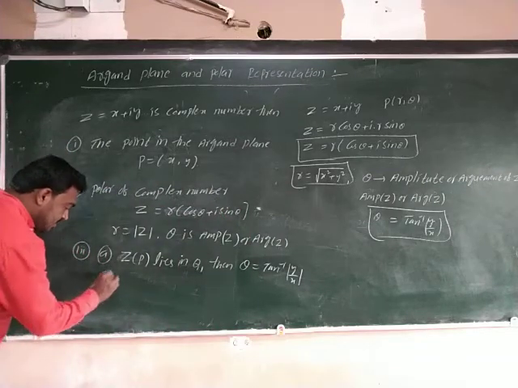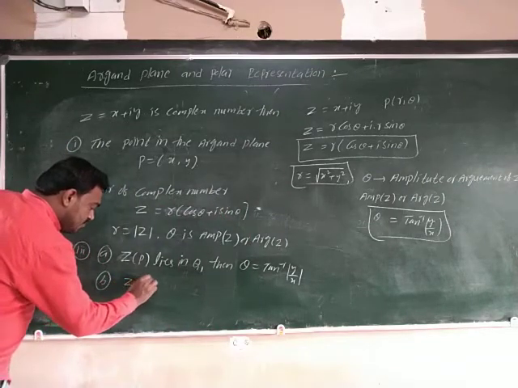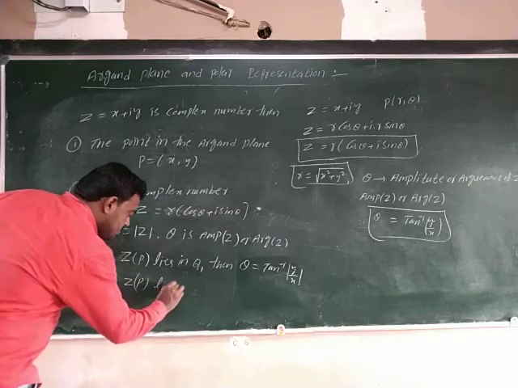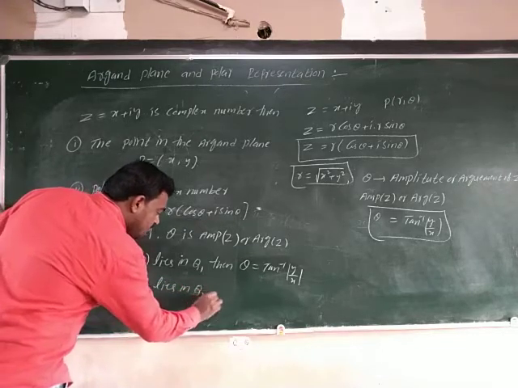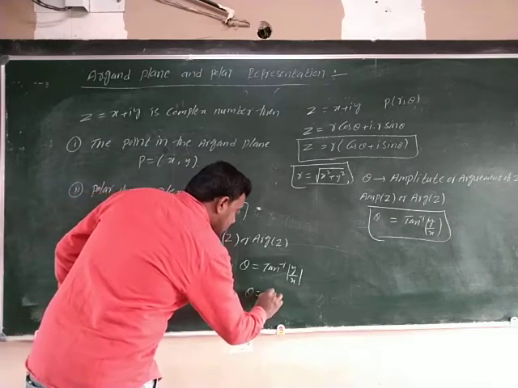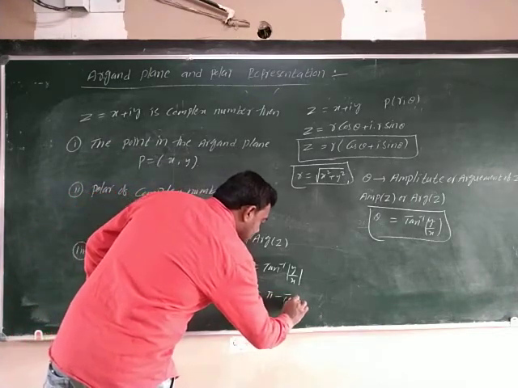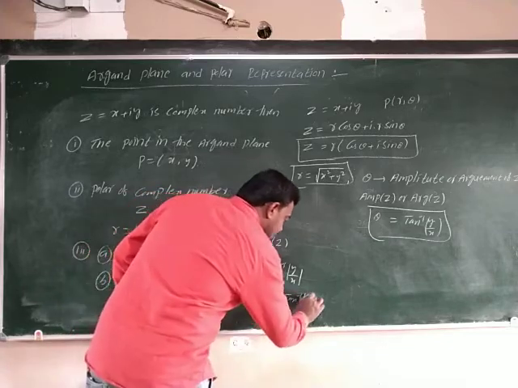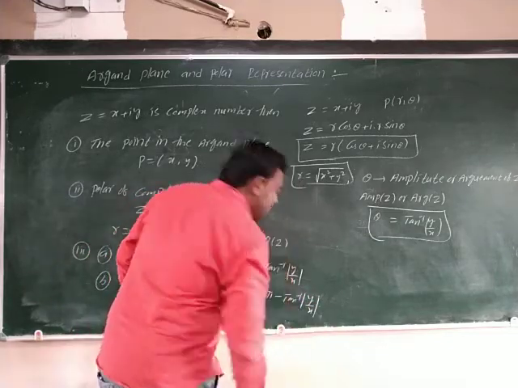If it is second, B: the point P of z lies in Q2, then theta = pi minus tan inverse of modulus of y by x.